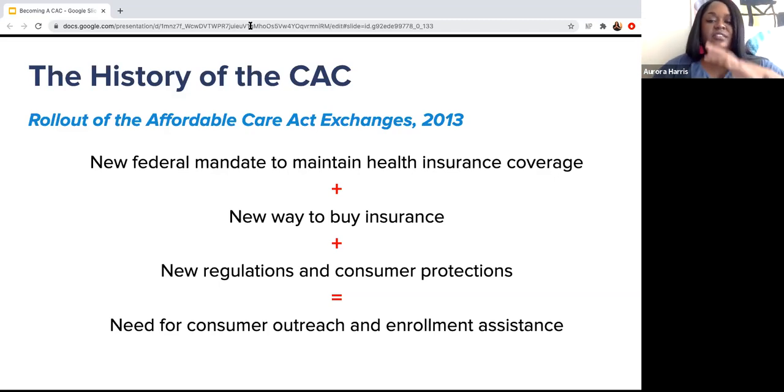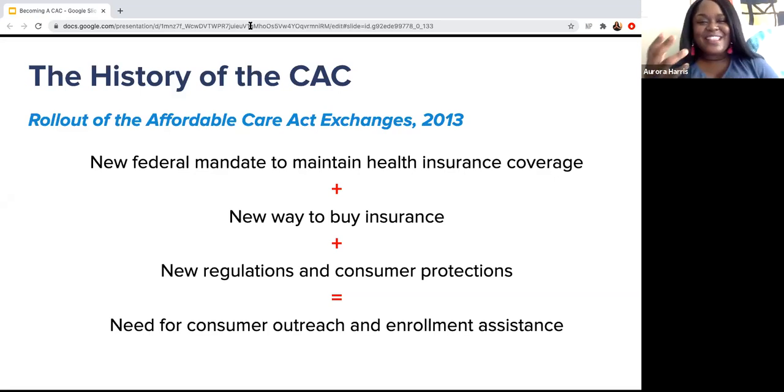You had new regulations and consumer protections within the Affordable Care Act. So you had things like you have to cover pre-existing conditions, mental health parity, children on a parent's plan until they're 26, all of these different consumer protections. You put all that together, and there was this huge need for consumer outreach and enrollment assistance, because you had generations of people like myself who never had access to health insurance before, never shopped for it before, couldn't tell you what a deductible was if you slapped me in the face with it.